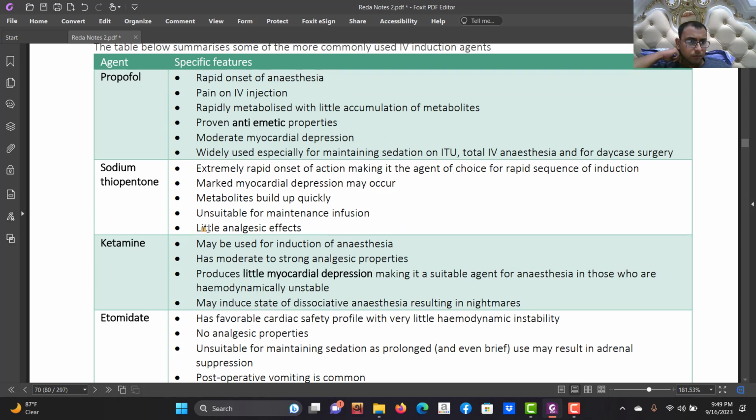In the case of propofol, rapid onset of anesthesia can happen. There is pain on IV injection; it is rapidly metabolized with little accumulation of metabolites, and it has proven antiemetic properties. So we should remember that propofol has antiemetic properties, so it can be used for anti-vomiting activity.